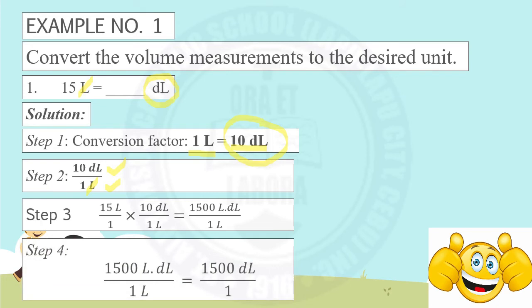Liter from our numerator and liter from our denominator will be cancelled out. The remaining will be deciliter, which is our desired unit. 1,500 deciliters over 1 is equal to 1,500 deciliters. And that will be our final answer.